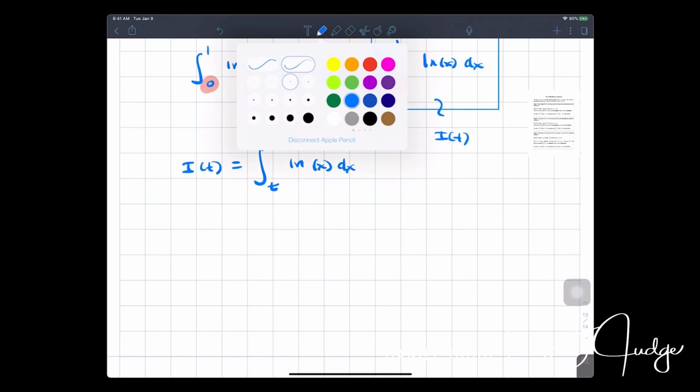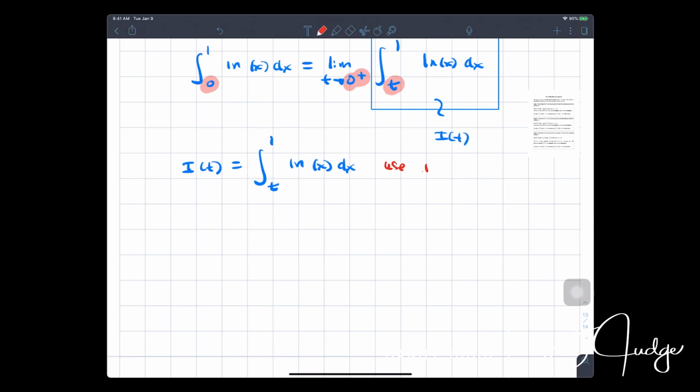Now, if you guys recall, you use IBP, integration by parts here. And what this gives us is x natural log x minus x. And this is from our past. And of course, we evaluate this from t to 1. So this is going to be f of 1 minus f of t.